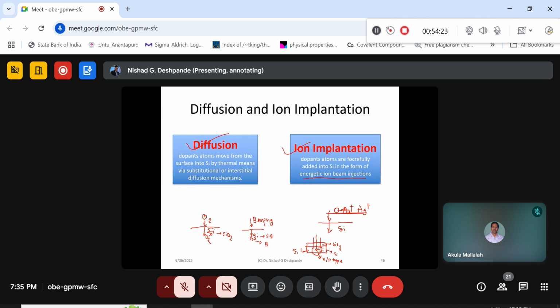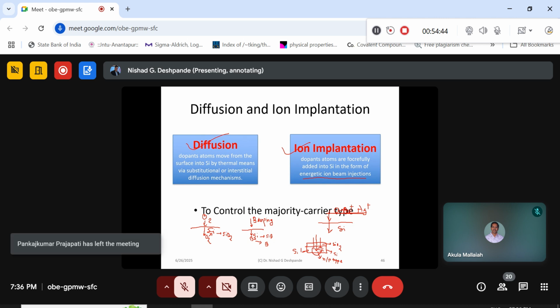Okay, so that's why we will now try to understand what doping is, how doping takes place, and how one can move forward for these cases. I just mentioned here to control the majority charge carrier type. So I am trying to have a dopant in this particular region, because I want a change in the carrier type, either P type or N type.